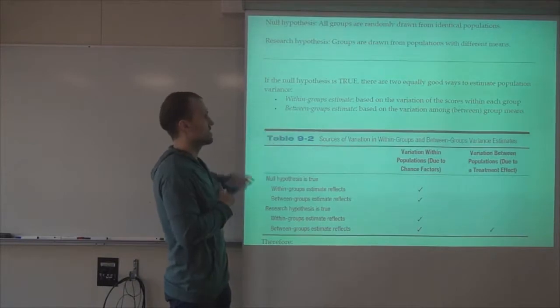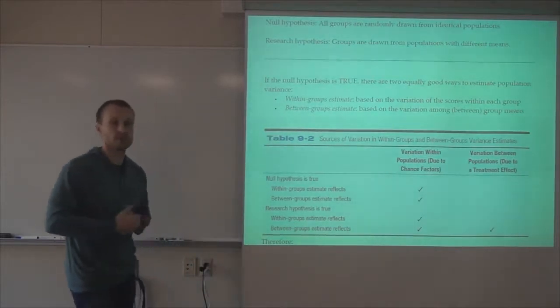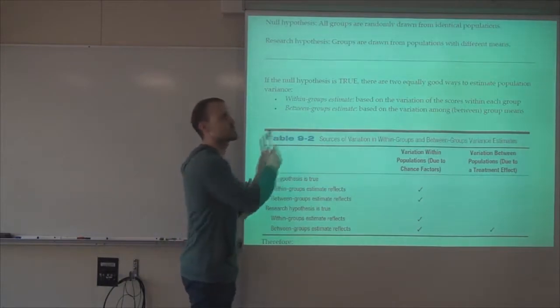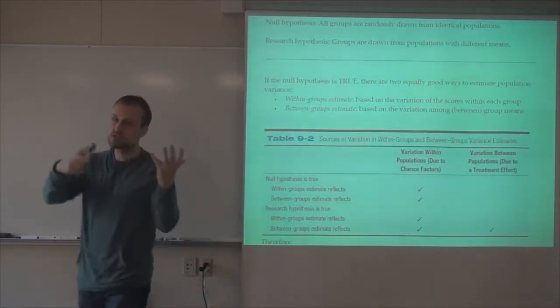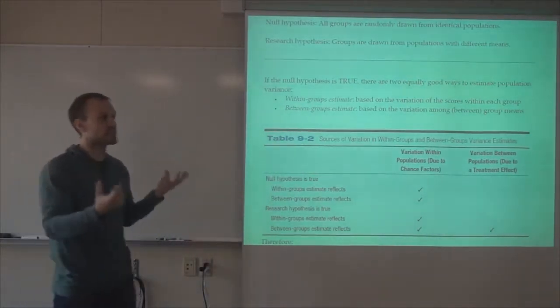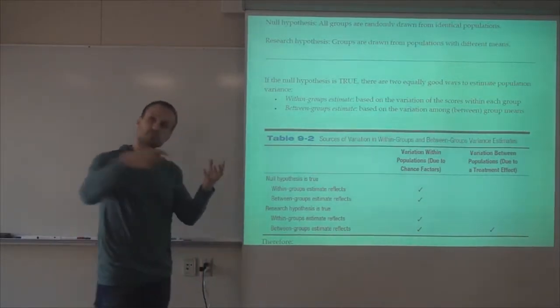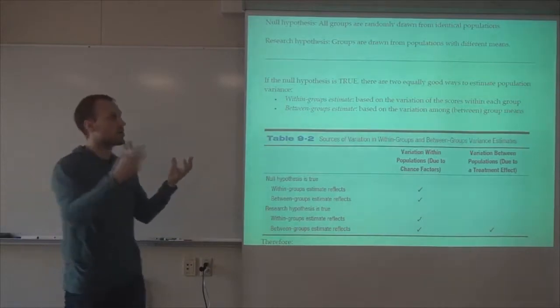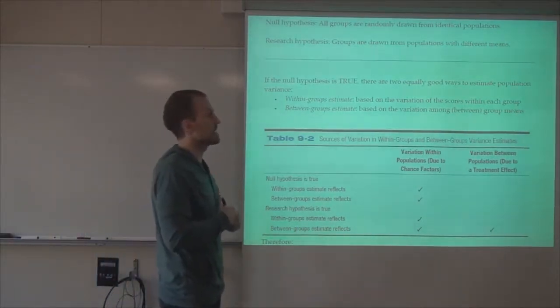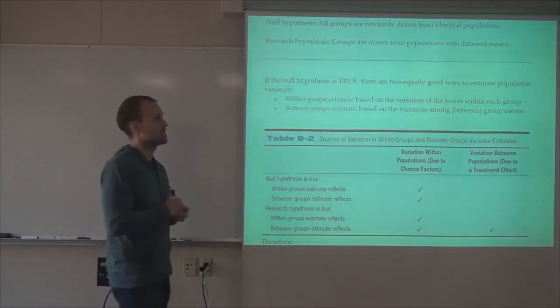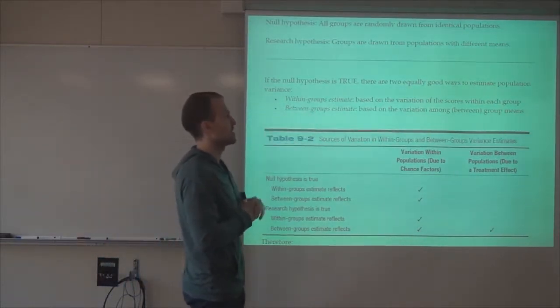The other method, which should also point to the population variance, is what we call the between groups estimate. So each group is going to give me an average score, a mean score, a sample mean. I can look at those sample means and say, well, how do those means vary between themselves? The between groups estimate.